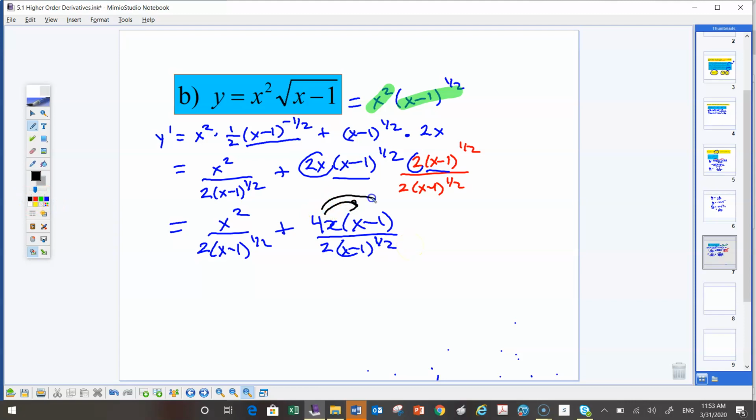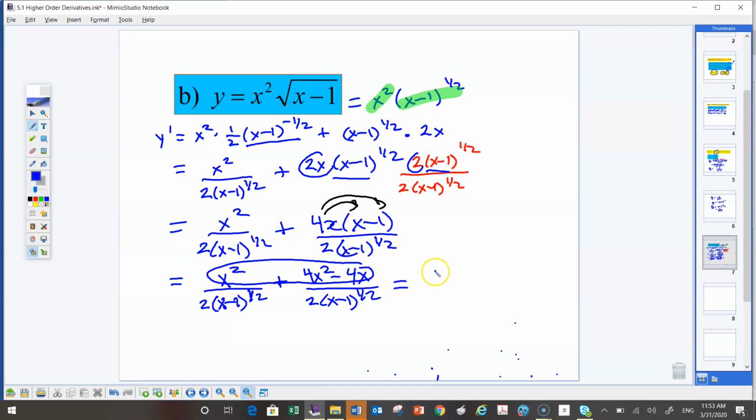Then I have to distribute here, and if I clean this up, I'm going to have x squared over 2 x minus 1 to the 1/2 plus, if I distribute that, I get 4x squared minus 4x over 2 x minus 1 to the 1/2. And if I collect like terms now and put them all over one denominator, my first derivative is 5x squared minus 4x over 2 x minus 1 to the 1/2.